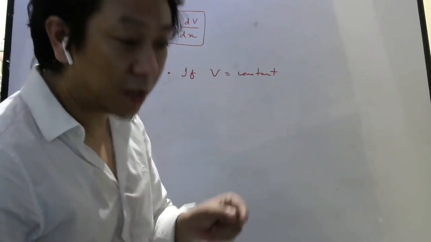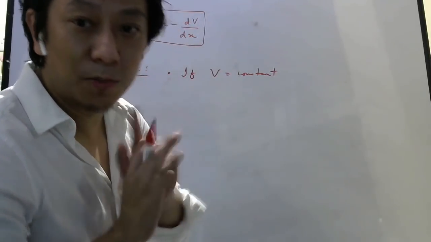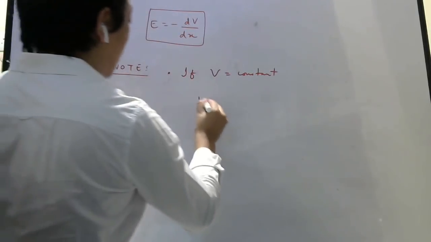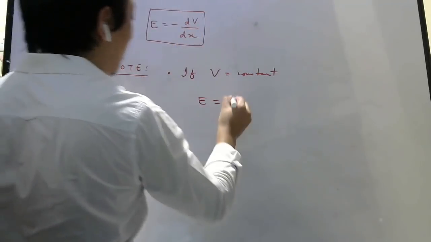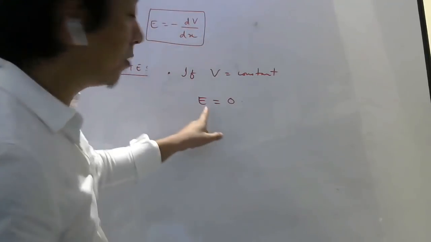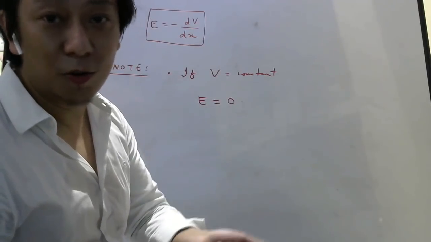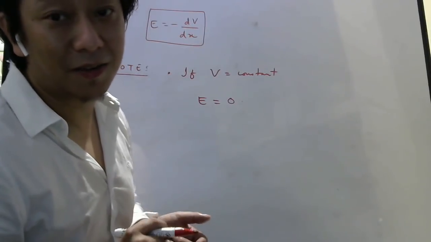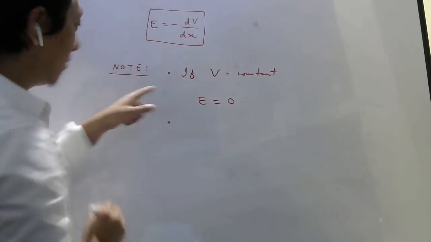That means you are moving along the x-axis, your coordinate is changing, but potential is not changing. Potential is constant. Then what will be the electric field? Quickly tell me. If V is constant, then d constant by dx is 0. Then there cannot be an electric field. Already we know that. No higher potential, no lower potential, all are at equal potential. Then there cannot be any electric field.